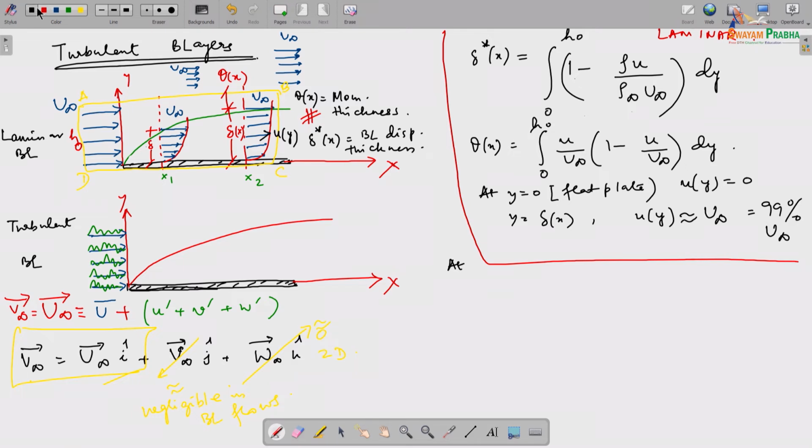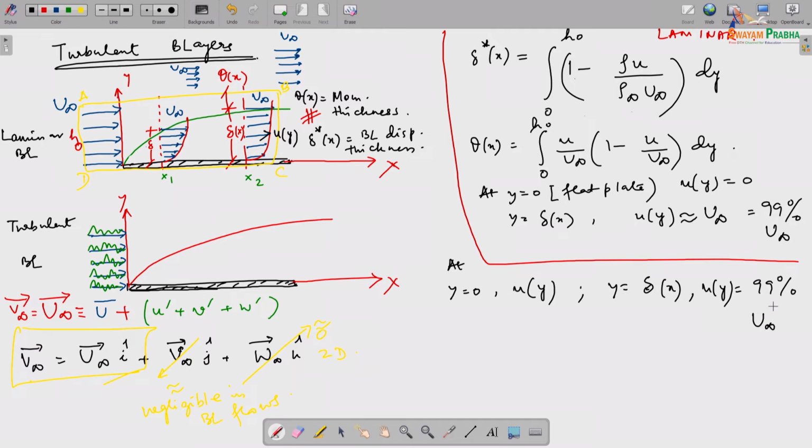Again, at y equal to 0, I will have a velocity profile here also, and at y equal to delta of x, u of y is 99% of the total free stream.